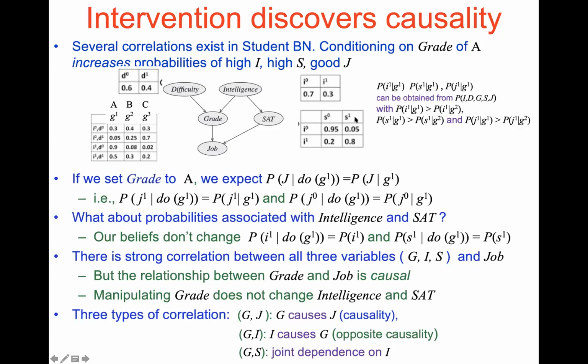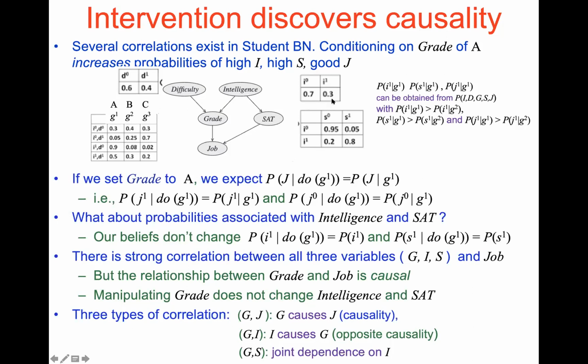Similarly, SAT takes on S0, S1, with probabilities associated with intelligence I0, I1. We say that several correlations exist in the student Bayesian network. The issue we're interested in is whether we can distinguish between correlation and causation using these probabilistic graphical models.